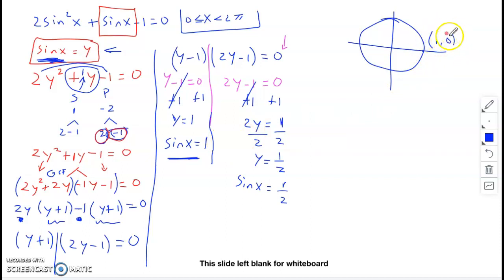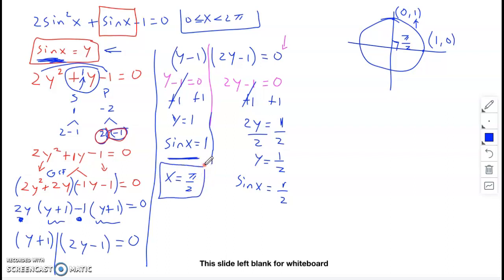Remember, your sine is the y value. This is 0, 1. You see this? Your sine is 1. That's what I'm looking for. What angle is this? 90, which is pi over 2. So therefore my angle x is pi over 2, and I have one of the answers already.